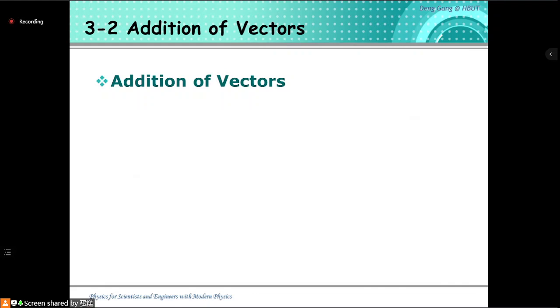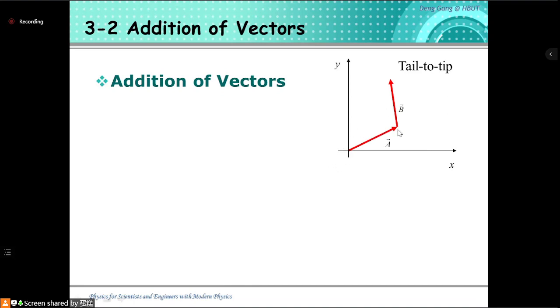So in this chapter, because we are going to investigate vector kinematics, we need to know how to calculate with vectors. The first is the addition of vectors. Say we have two vectors, A and B. What is A plus B? There are several methods to help us calculate A plus B, one of which is called tail to tip.